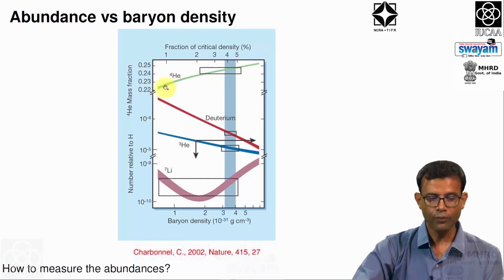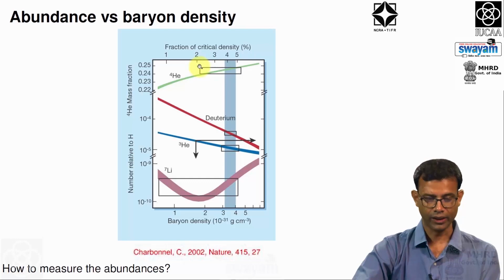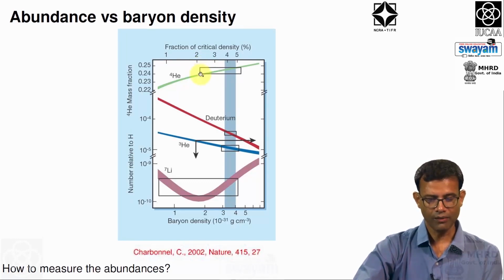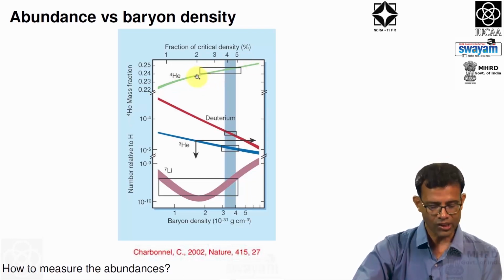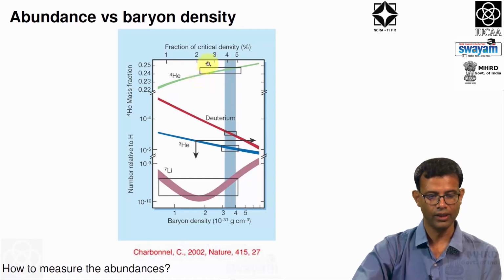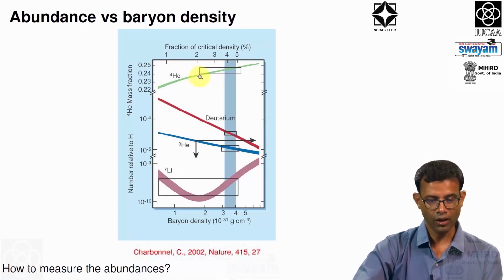Now, it is possible to measure this helium mass fraction from observations, and these observations tell you that the helium mass fraction varies between this point and this point. Since we know that the theoretical prediction is given by the green curve, this tells you that to satisfy the observational constraints on helium mass fraction, the baryon density must be between this value and this value.